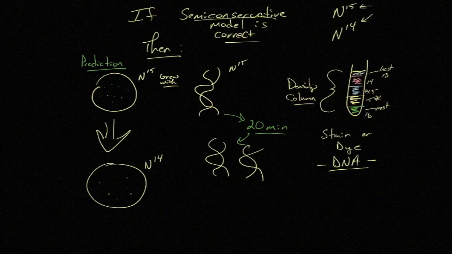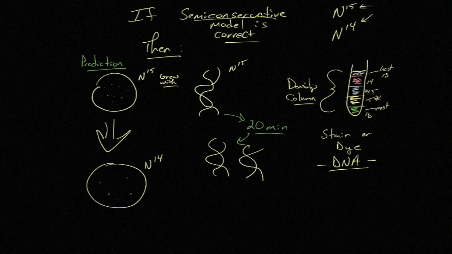They have controls, 14 and 15. But according to this experiment, since bacteria in the laboratory can grow on plates of cultures exposed to precisely defined mixtures of chemicals, Meselson and Stahl grew bacteria in cultures containing only nitrogen 15 for many generations, so that the DNA was almost entirely composed of nitrogen 15.